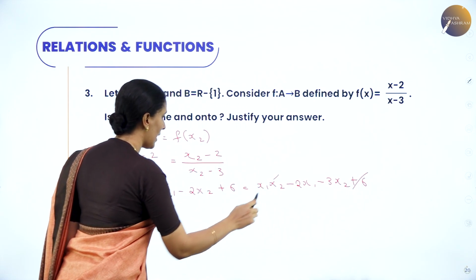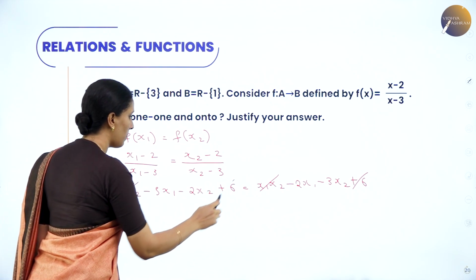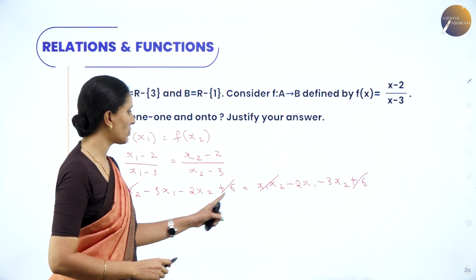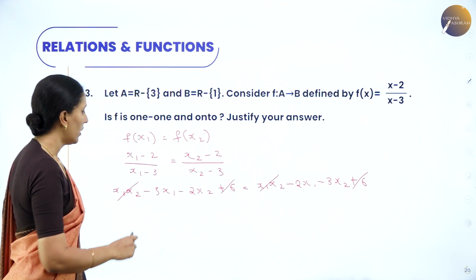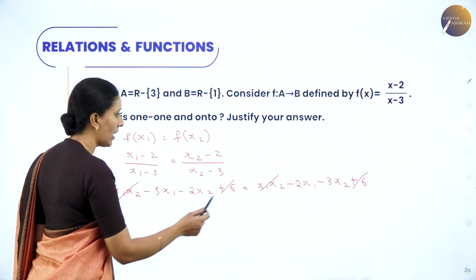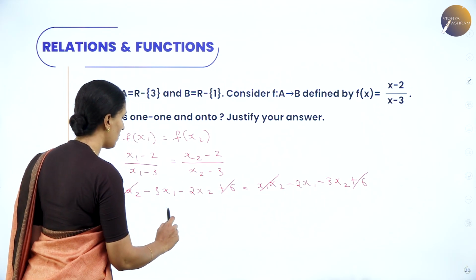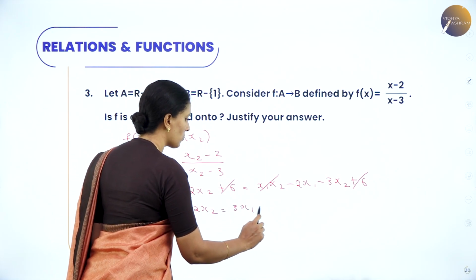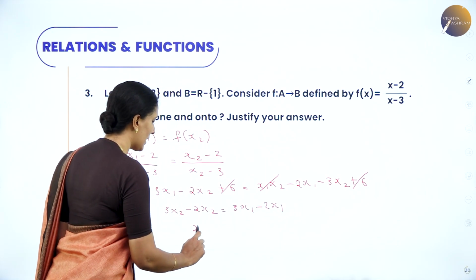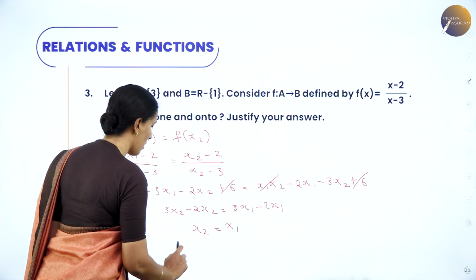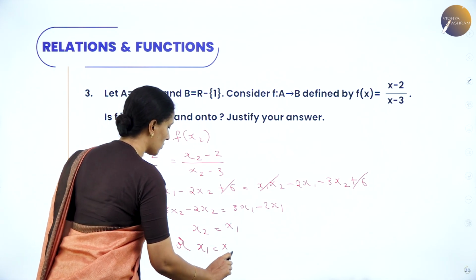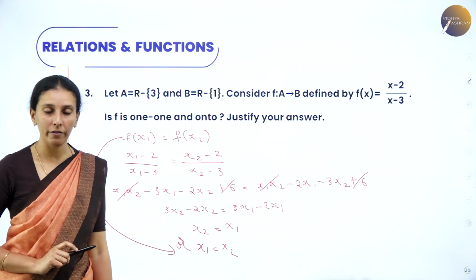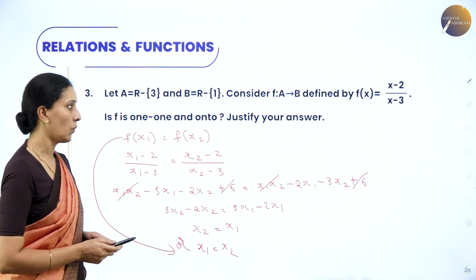So x1 x2 and plus 6 get cancelled on both sides. So we have minus 3x1, so let's shift minus 3x1 to that side, and let's take 3x2 to this side. Then we'll get 3x2 minus 2x2 is equal to 3x1 minus 2x1, which implies x2 is equal to x1, or x1 is equal to x2. So clearly it is satisfying the definition of a one-one function. So therefore this is a one-one function.